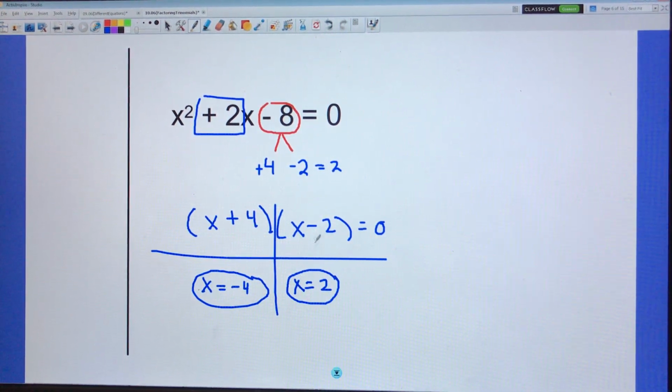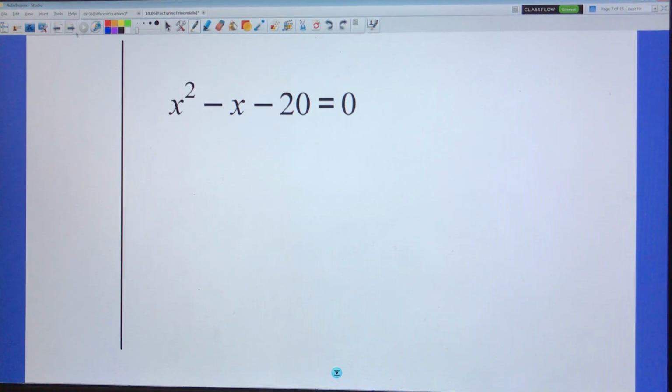Okay, so that shouldn't be too hard. Here's one last one for you guys to see. If there's no number in between, just put a 1. And then let's find 2 numbers. It's going to give me negative 5 and positive 4. Negative 5 times positive 4 is negative 20.